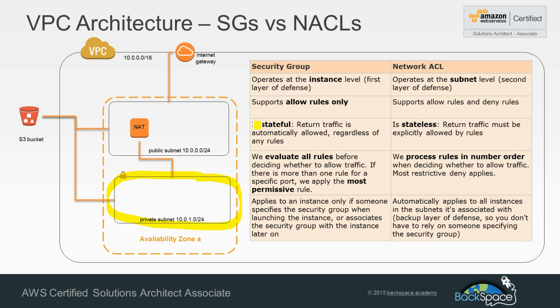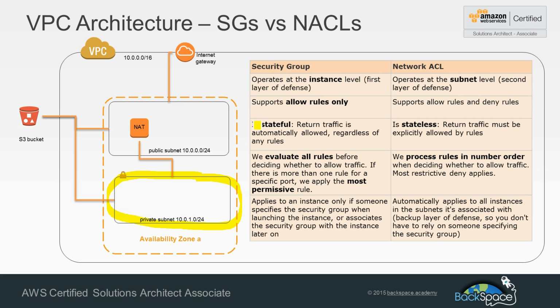It will automatically allow response and return traffic to go out. In contrast, a network ACL is stateless, so return traffic must be explicitly allowed by the rules. It doesn't just automatically allow return traffic. You need to have both inbound and outbound rules to allow that return traffic.